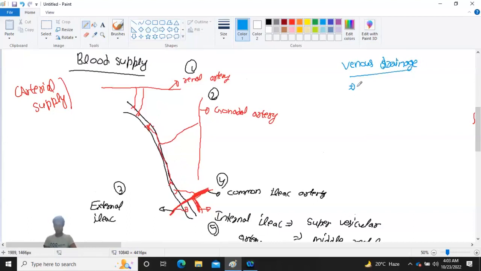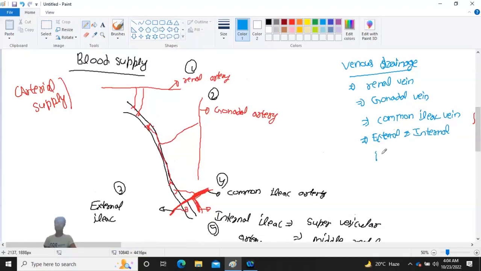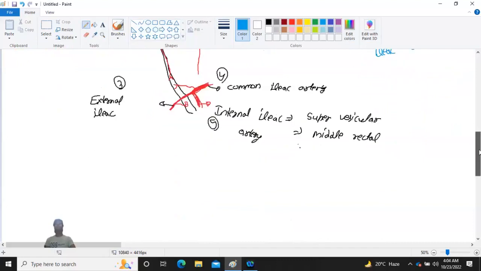Similar. Renal vein, gonadal vein, common iliac, external and internal iliac vein. This is similar venous drainage. Done. Now come to the relations.